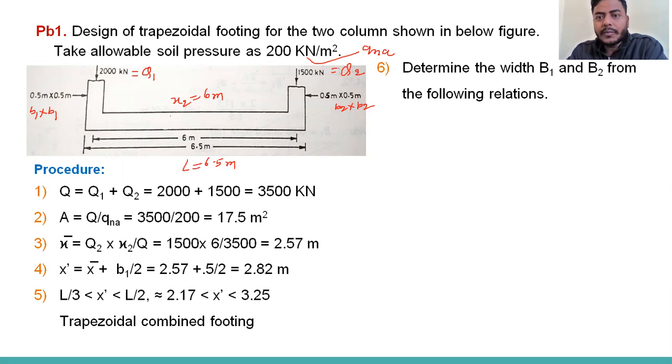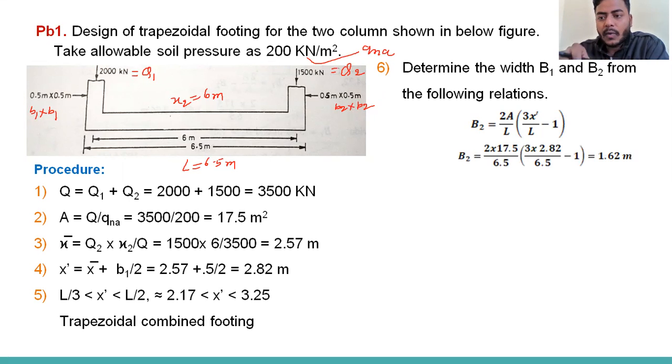Now we can calculate the dimensions, the widths of the parallel sides, that is B1 and B2. We have the relation. We can calculate B2 by using this relation, in which A is the required area, with L and x dash. When we put in the required area, we get the required width B2.